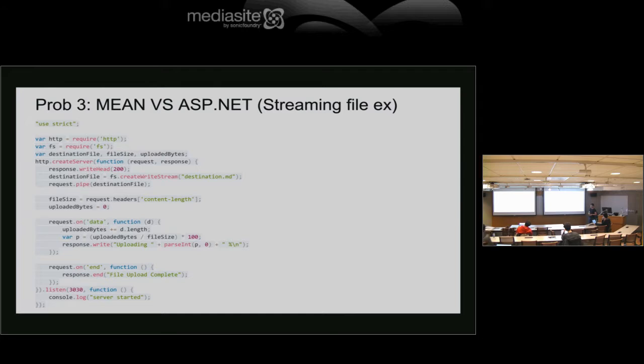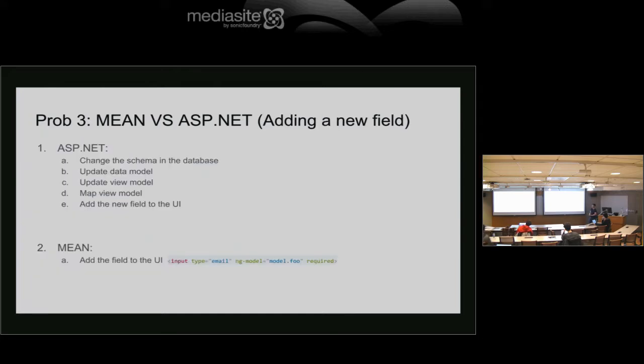Another example: what if later on you want to add a new field to your project? That's when your project is expanding and growing. For ASP.NET, you're going to do a lot of jobs, like changing the schema, updating the data and the model, and then adding a field to the UI.